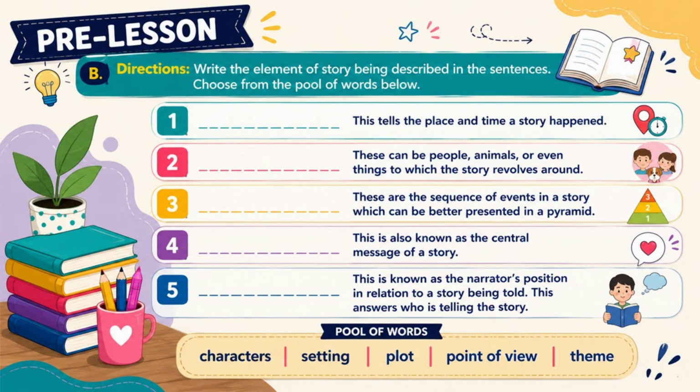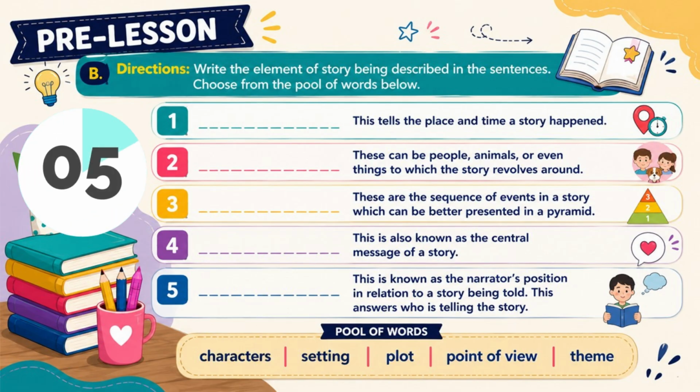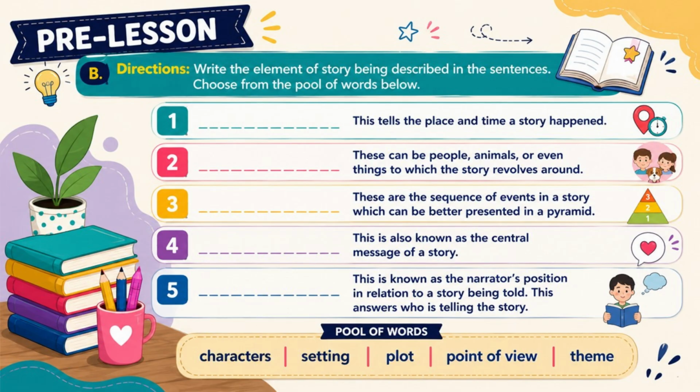Number 4. This is also known as the central message of a story. And number 5. This is known as the narrator's position in relation to a story being told. This answers who is telling the story.